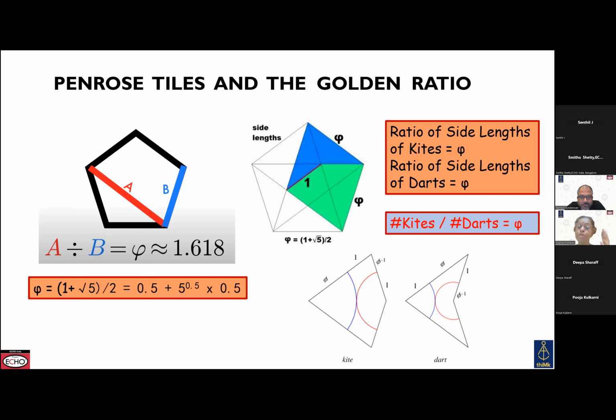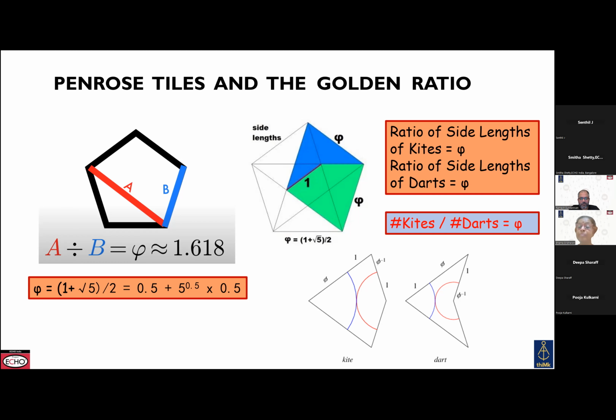That is, the ratio of the diagonal to the side of the pentagon is phi, that is 1.6 whatever. And since the kite and the dart are actually sections of the pentagon, they have the golden ratio built into the construction. The ratio of the longer side to the shorter side length of the kite and the dart is phi. The ratio of the area of the kite to that of the dart is again phi.